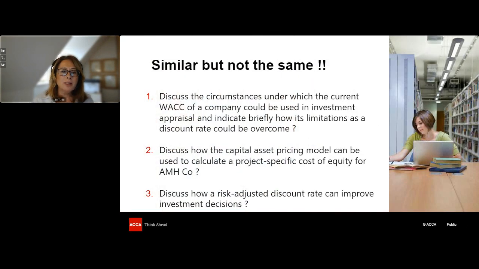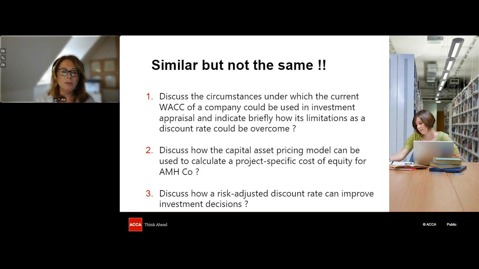So this is an example of using theory that can be applied to different types of questions. So here we have similar, not the same. These three questions are based on the same theory, but they're asking you to answer in a different way using that theory. So first of all, the first one says, discuss the circumstances under which current WACC of a company can be used in investment appraisal and indicate how this limitation can be overcome.